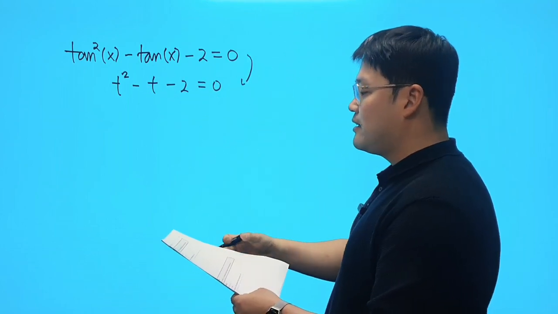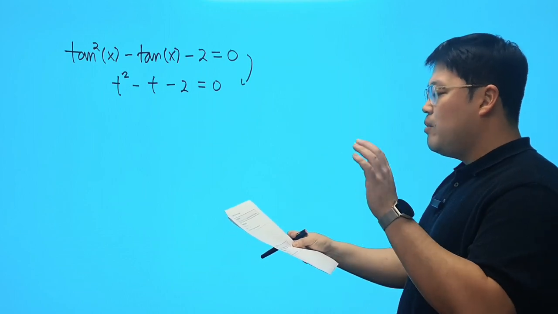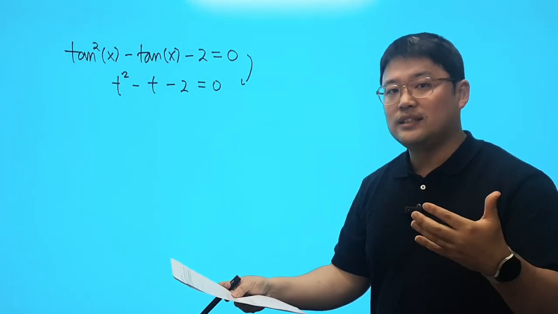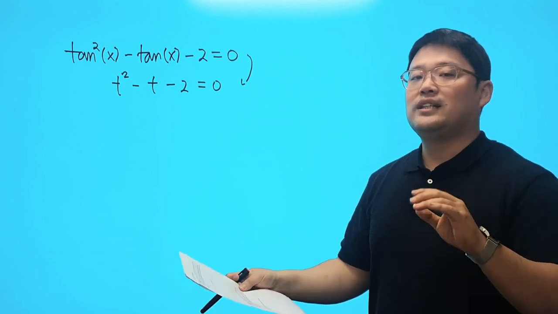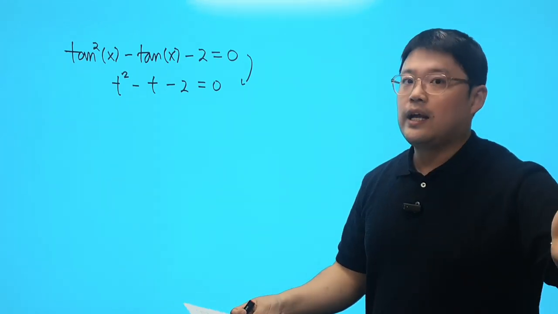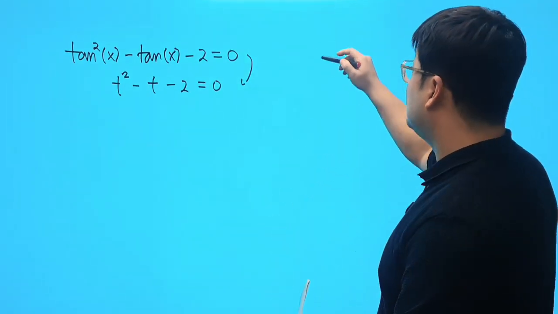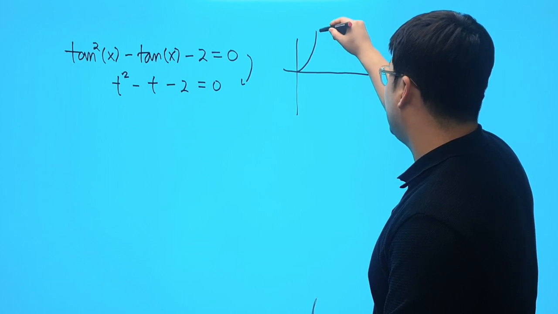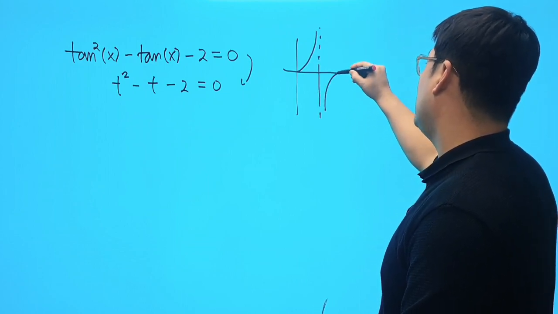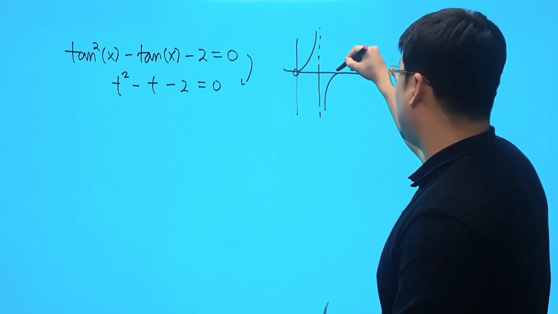Except we're using the fact about tangent x, but we're not so sure whether tangent x is going to be a one-to-one function. Well, we're not strictly sure whether this is going to be an increasing function or not. But I can tell you the shape of the curve of the tangent function is going to be somewhere down here, all the way from 0 to pi.